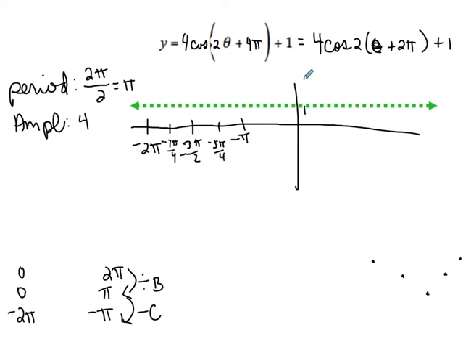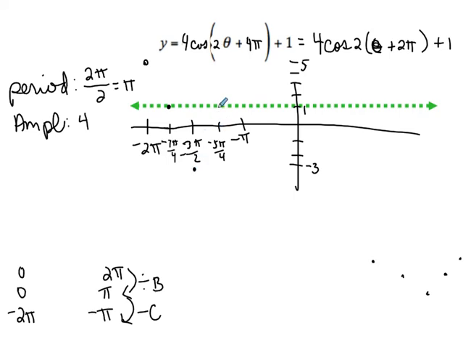Okay, so now I'm going to start up in amplitude. This is 1, 2, 3, 4, 5. Because my amplitude is 4, it's going to start up at 5. And it's going to go down to my x-axis, then down in amplitude, 1, 2, 3, 4, down to negative 3.